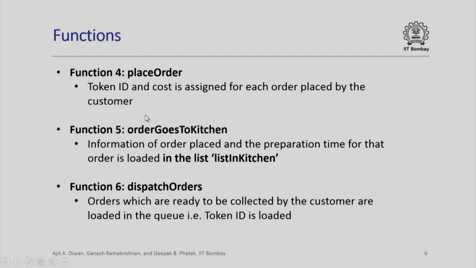Place order is another function which gives the token ID and cost assigned for every order that has been placed. Order goes to kitchen is the important function. You will recall earlier we had used an array. Now, the information about order, place and preparation time will be loaded in the list. Dispatch orders, of course, we have seen earlier, handles the orders which are ready to be collected.